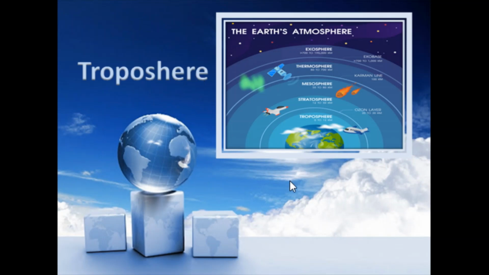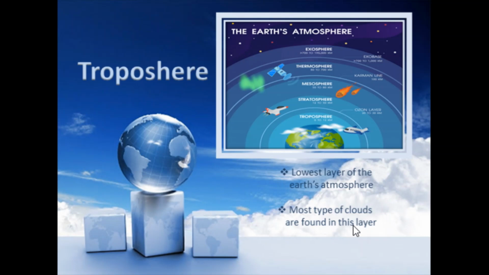Again, the troposphere is the lowest layer of the Earth's atmosphere, if we start directly above the Earth's surface. In that layer, we can see the different types of clouds you've known from the previous videos.